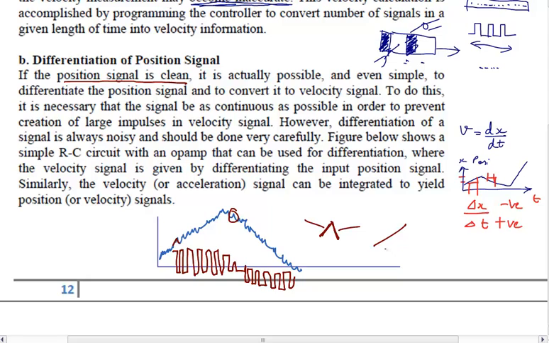If I had a clean signal, I would have a single value of velocity, but if I am having a spiky one, I will have the velocity value changing, in terms of pulses. And that's why when you are using the differentiation of the position signal to calculate the velocity, it is very important that the position signal is very clean.